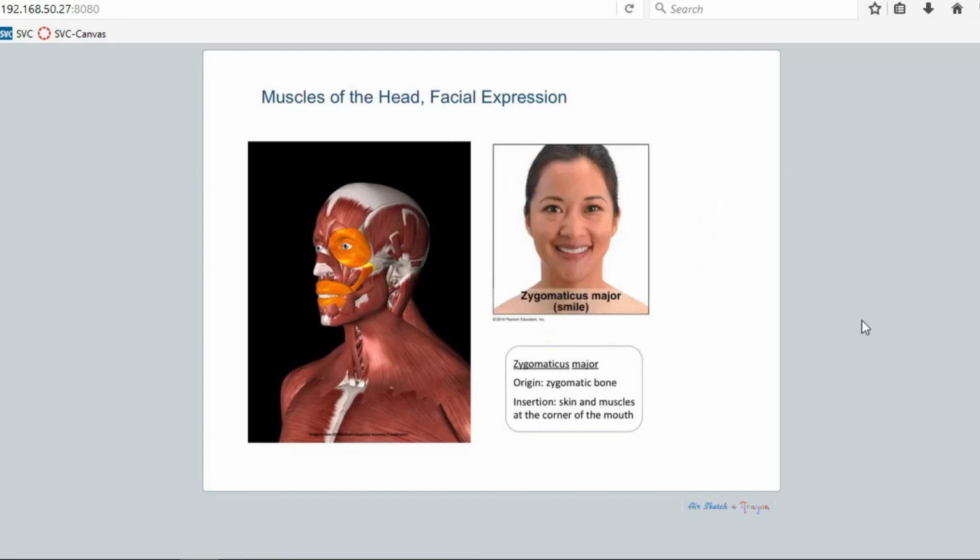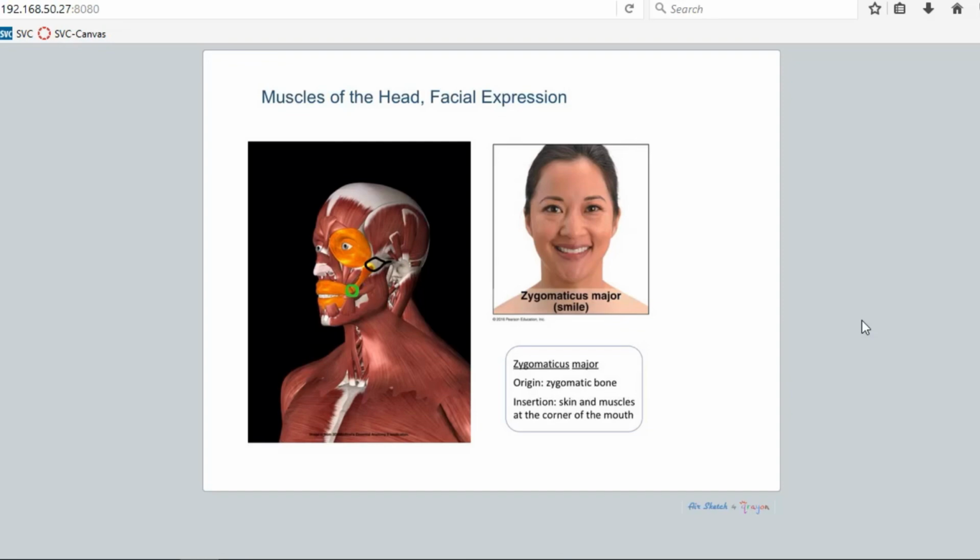Then we have another muscle back here, and that is called the zygomaticus major. Let's look at the origin and insertion for this. The origin for the zygomaticus major is right up here on the zygomatic bone. The insertion is down here, on the skin at the corner of the mouth.